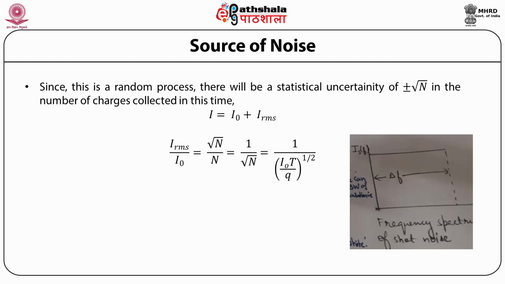That is, I is equal to I0 plus IRMS, and the ratio IRMS by I0 equal to root N by N, equal to 1 by root N, equal to 1 by (I0 T by Q) to the power half. So this figure shows the frequency spectrum of the shot noise.